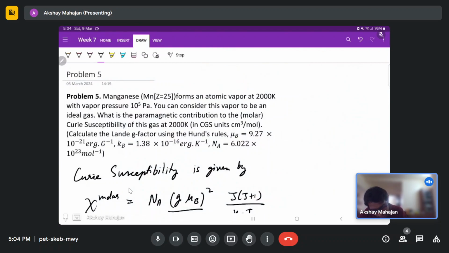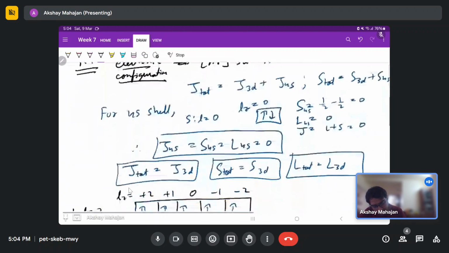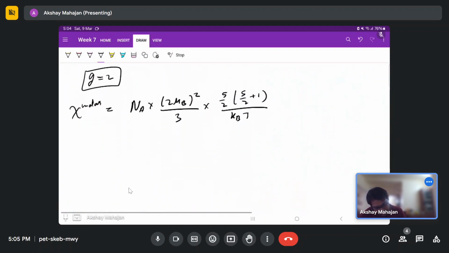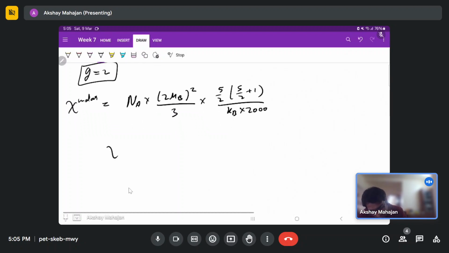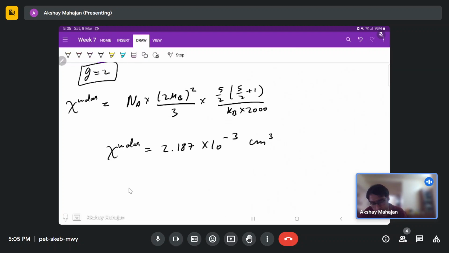T is equal to 2000 Kelvin. Just use T equals 2000 Kelvin; kB and all other constants are given to you. Put in all the constant values and you will find that chi molar equals 2.187 into 10 to the power minus 3 centimeter cube per mole.